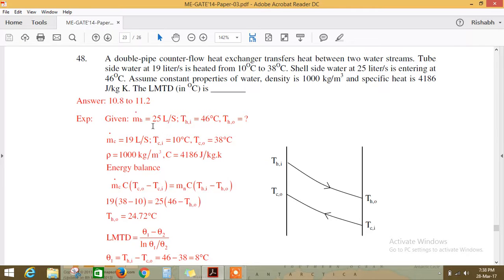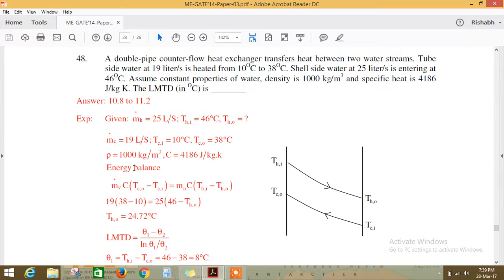So we take the hot fluid and the cold fluid. Hot fluid flow rate is given as 25 liters per second and it is entering at 46 degrees centigrade. We don't know at which temperature it is leaving. Similarly for the cold fluid we know the flow rate, entering temperature and outlet temperature, and density and specific heat we know.